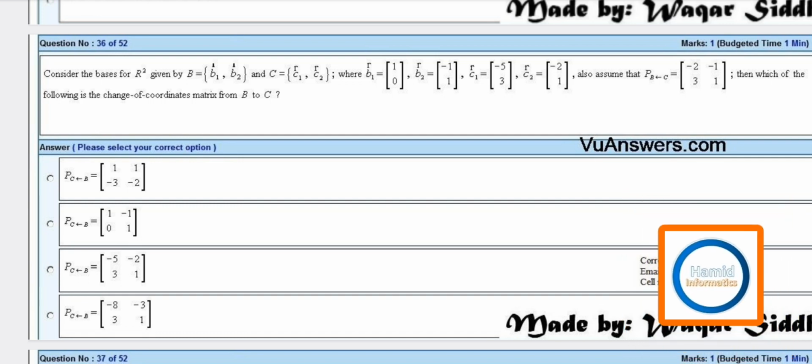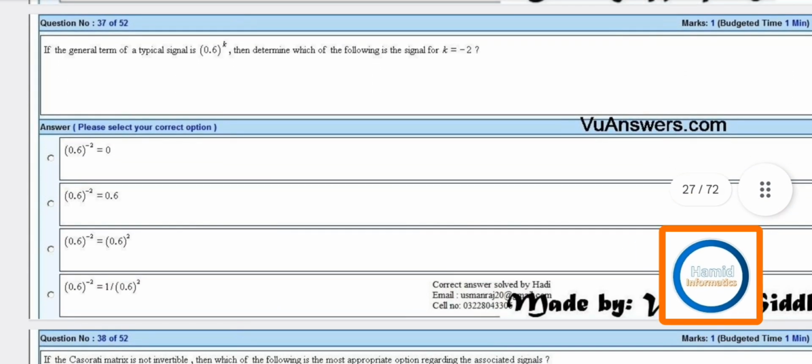Also assume that P from B to C is equal to [-2, -1; 3, 1]. Then which of the following is the change of coordinates matrix from B to C? And the answer is P from C to B is equal to [-5, -2; 3, 1].